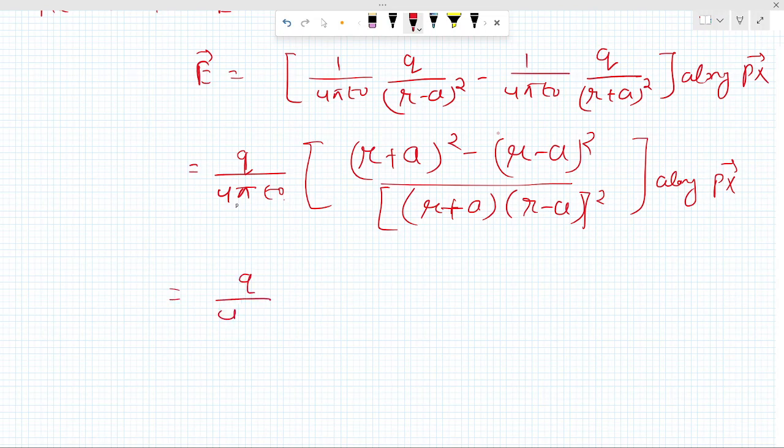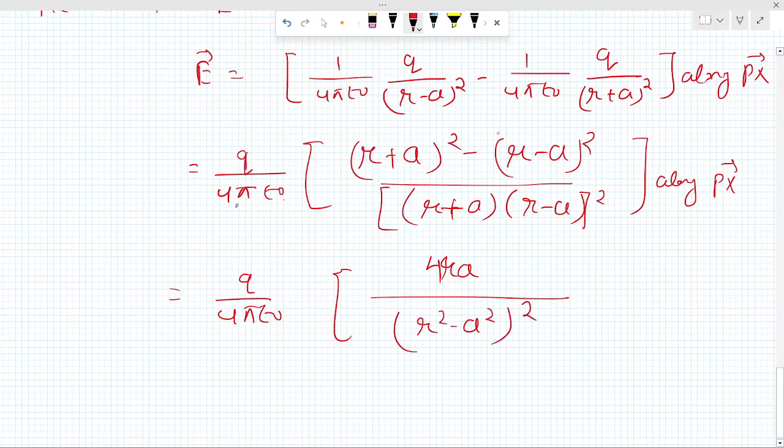So what next? We have the formula a plus b whole square minus a minus b whole square, it will become 4ab, so it will become 4ra divided by r square minus a square whole square along PX.